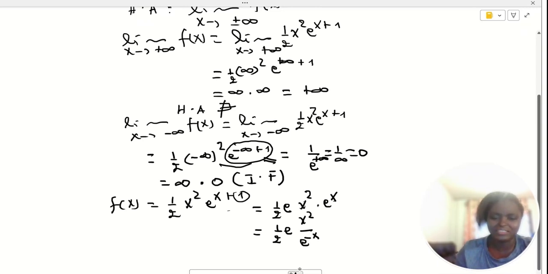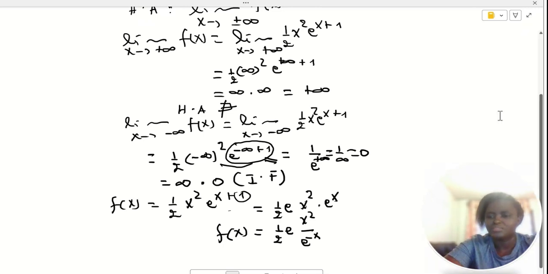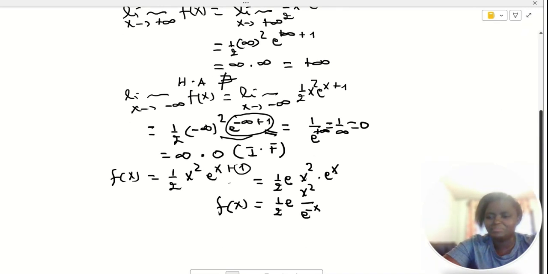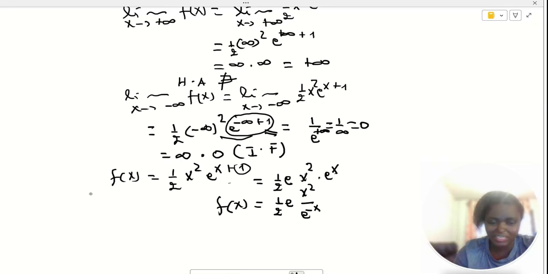So if I rewrite my function f of x in this form, I will get another indeterminate form, which is not infinity times 0, but infinity over infinity, and it is easy to remove that indeterminate form instead.